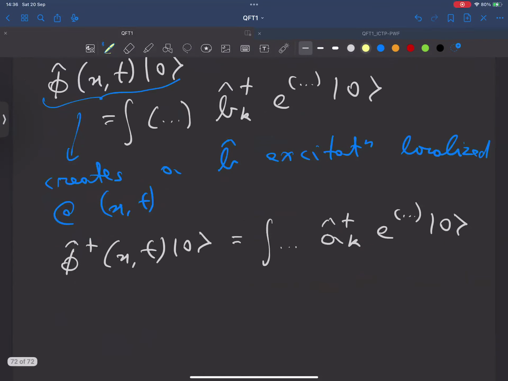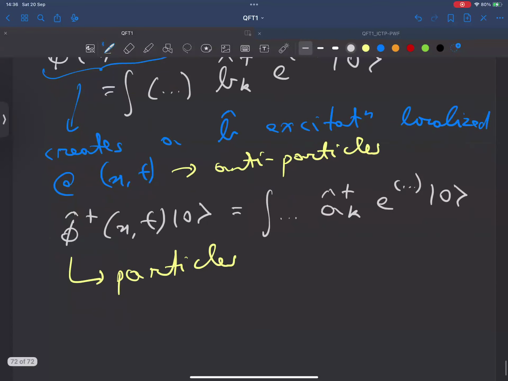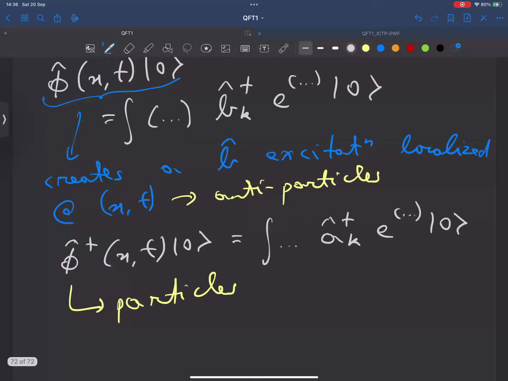So this means that the phi's create antiparticles in the position space, and the phi daggers create particles. That's just a consequence of the expression for phi and phi dagger in terms of the ladder operators.